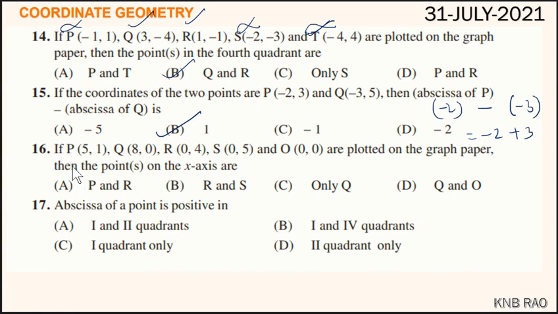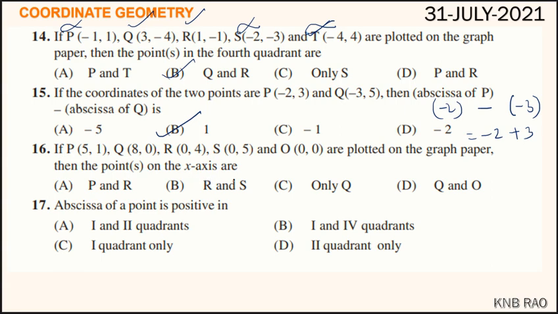Now question number 16. P (5, 1), Q (8, 0), R (0, 4), S (0, 5) and origin (0, 0) are plotted on the graph paper. Then the points on the x-axis are, see, very simple, need not be plotted at all.